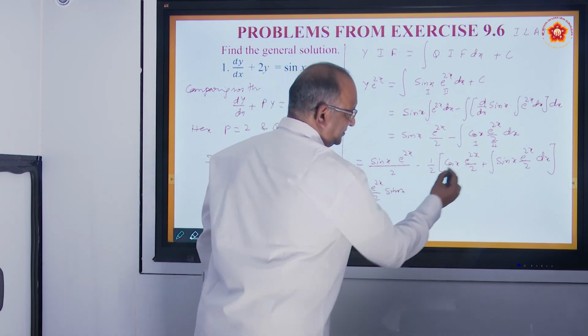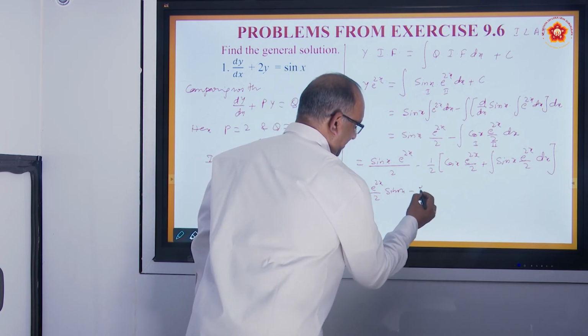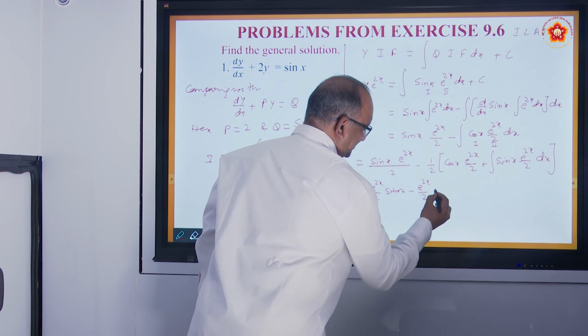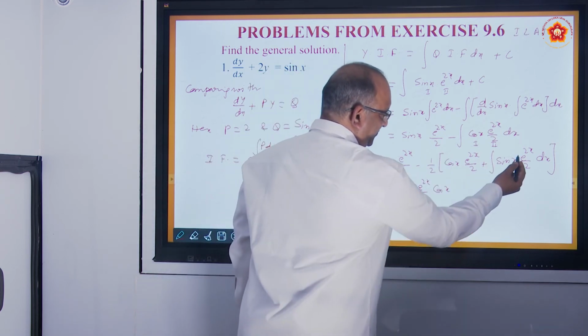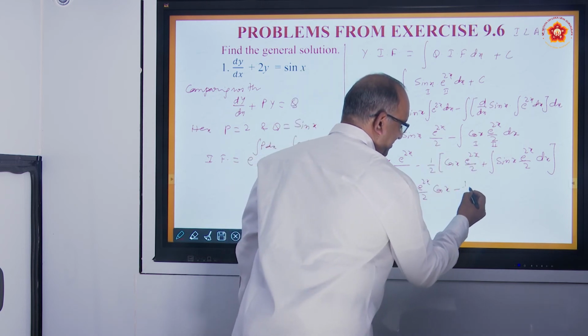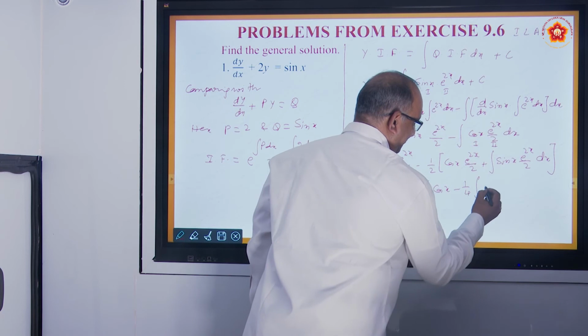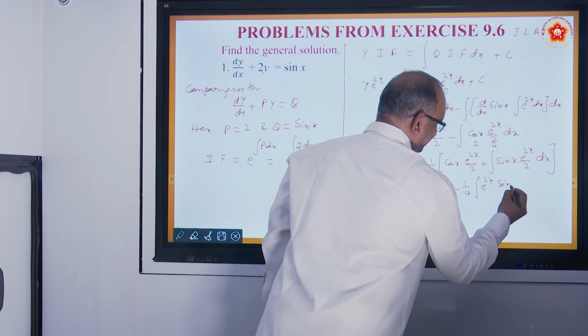Open the bracket. This if you open, you will get minus e to the power 2x by 2 cos x. Open the bracket further. This 1 by 2, this 1 by 2 will become minus 1 by 4 integral of e to the power 2x into sin x.